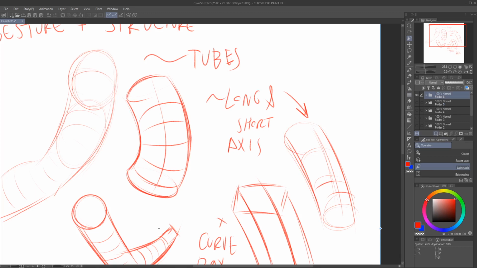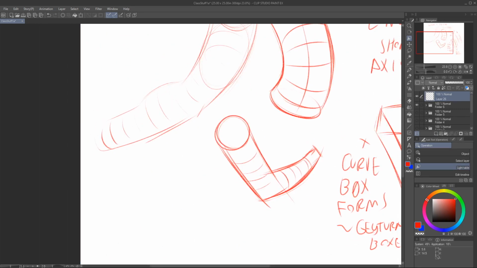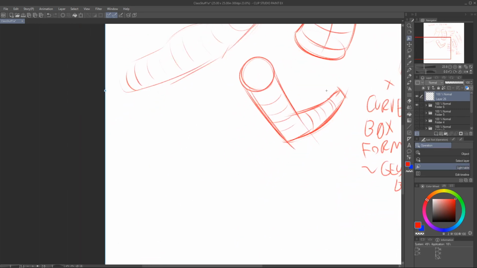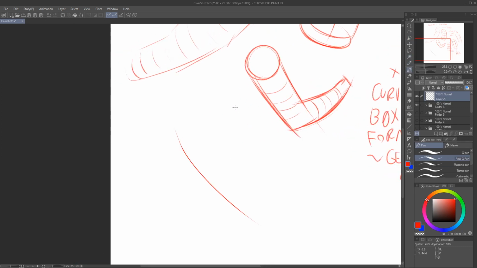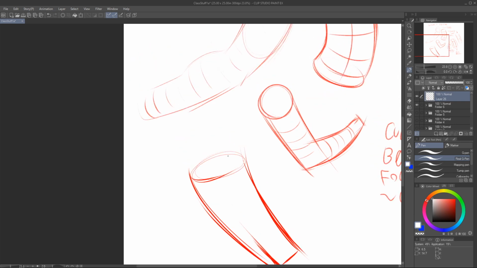When you draw a structure, you want gesture embedded in the structure, basically, is what he was talking about. Anytime you're doing structure, it's not going to be boring structure. It's going to have some life to it. That's where the gesture should be embedded, to an extent, in the structure.